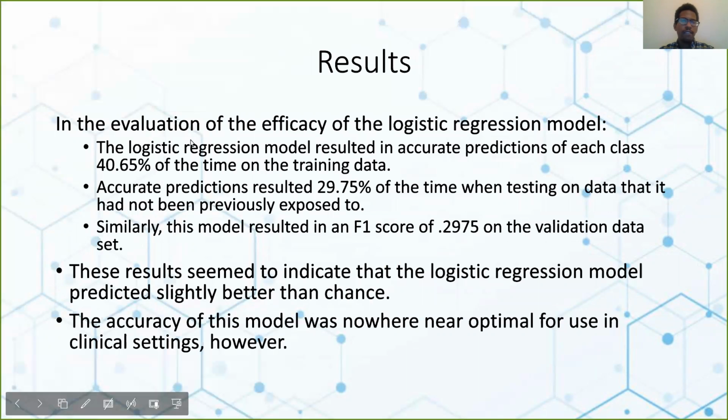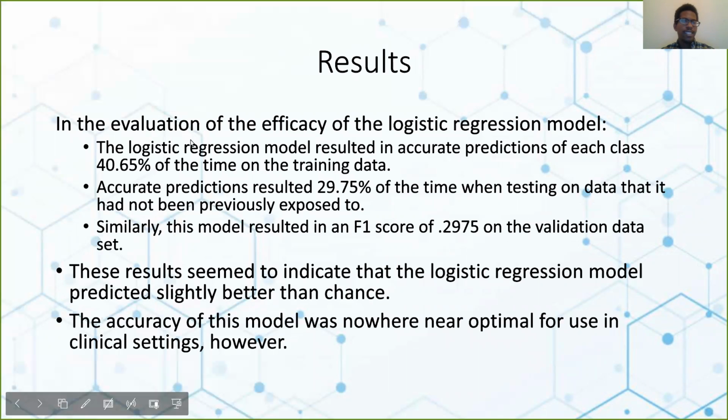In the evaluation of the efficacy of the logistic regression model, we saw that this model resulted in an accuracy score of 40.65 on the data. This means that accurate predictions resulted 40.65% of the time on the data that the algorithm was trained on.